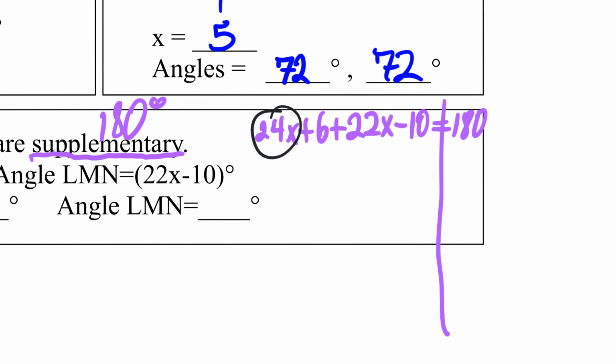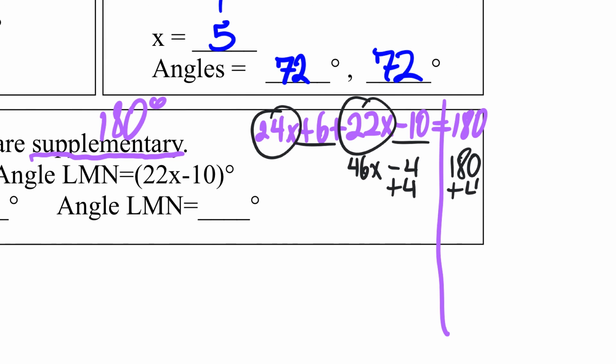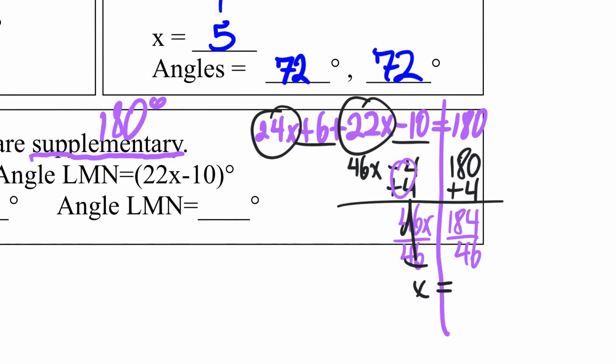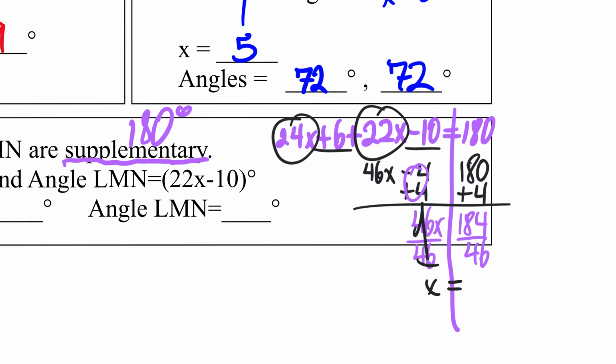Combine like terms, 24x and 22x is 46x. 6 and negative 10 make negative 4. Add 4 to both sides. 46x equals 184. Divide by 46. And yep, x equals 4.